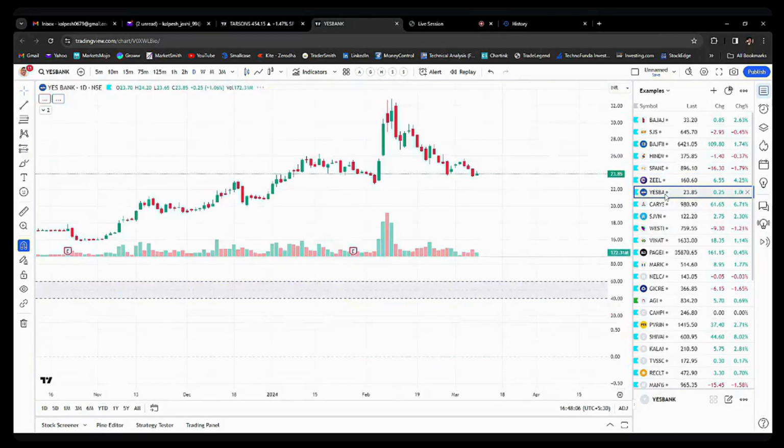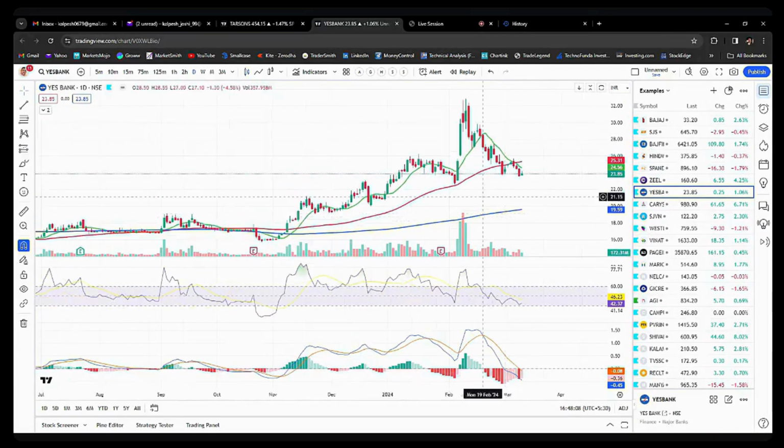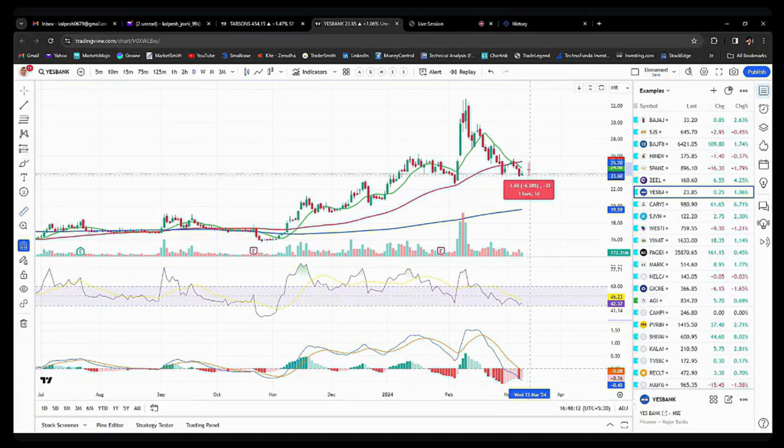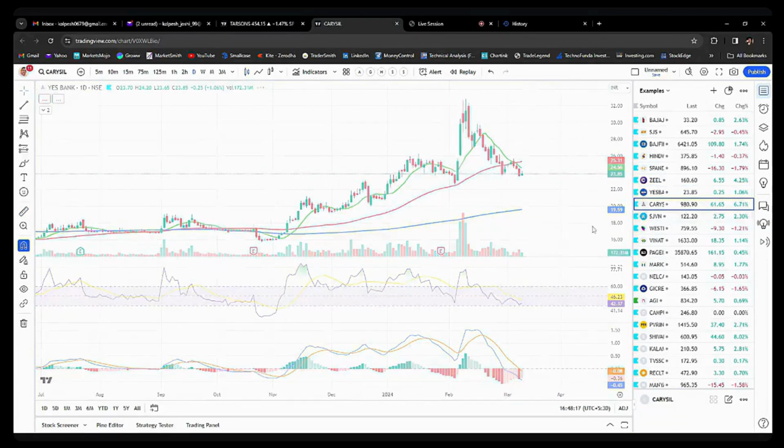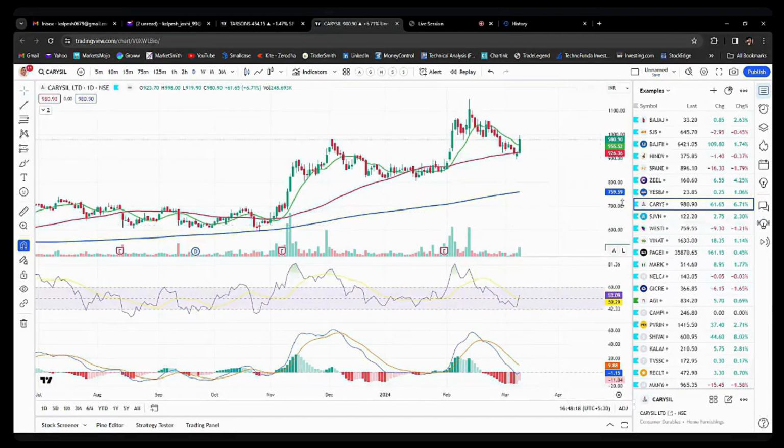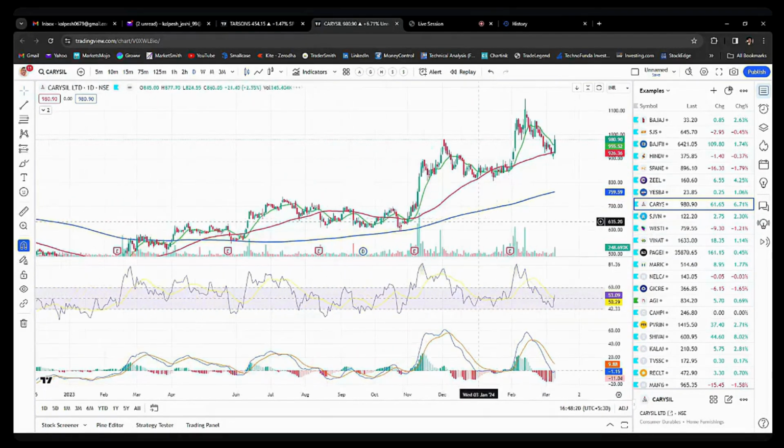Some more examples we can take. This is already broken, I suppose. Yeah, this is 6%, already broken. See this, it carelessly took support at 200 and came back.